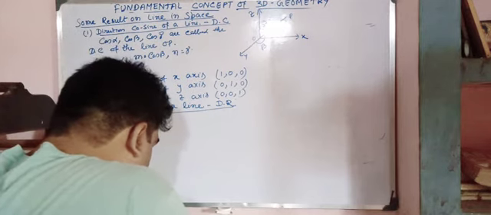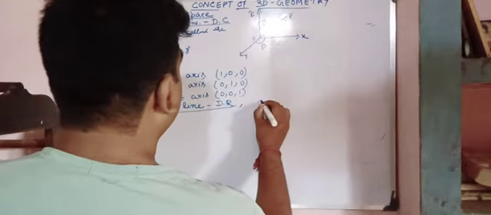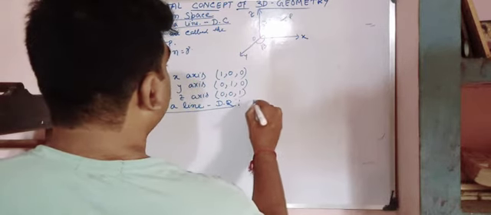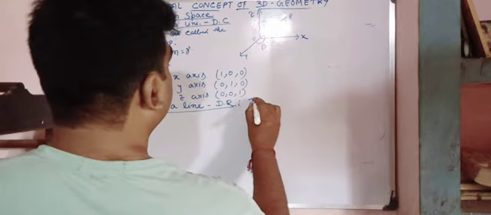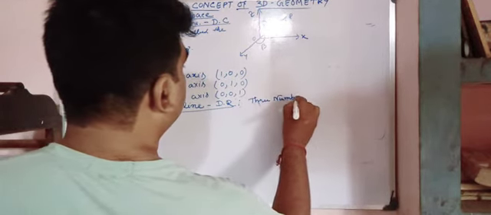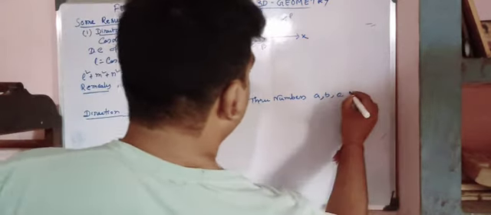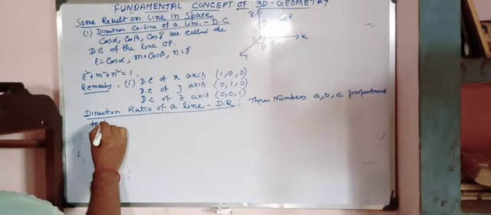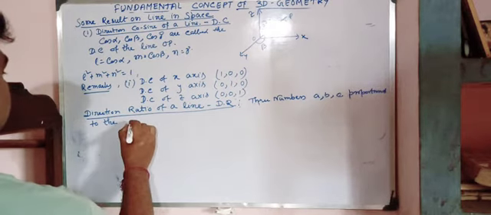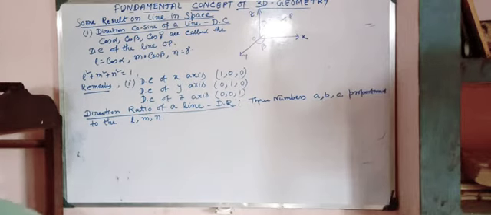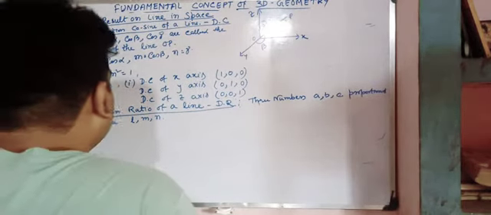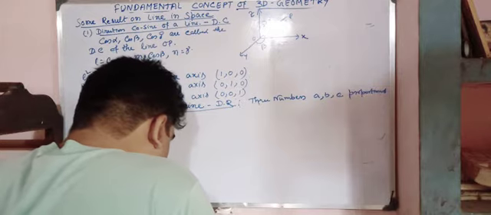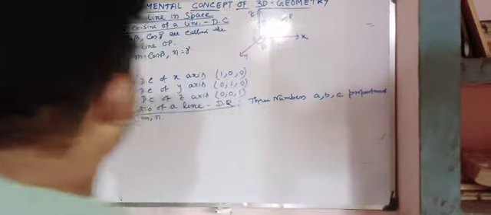If any 3 numbers A, B, C are proportional to the direction cosines L, M, N, then we can say that these numbers are the direction ratio.